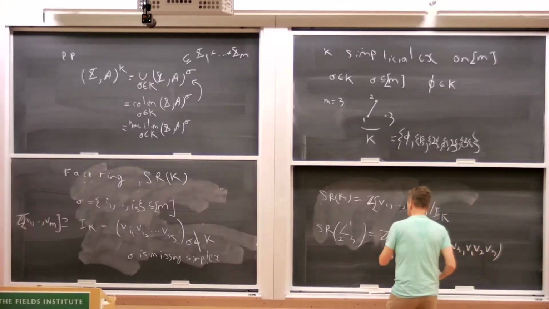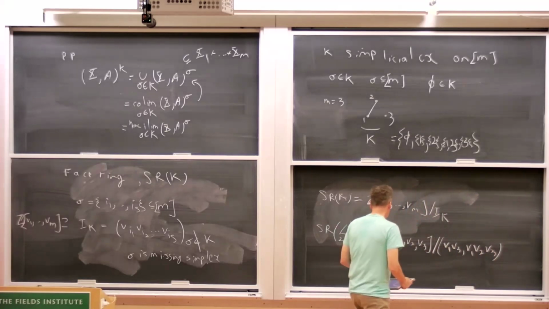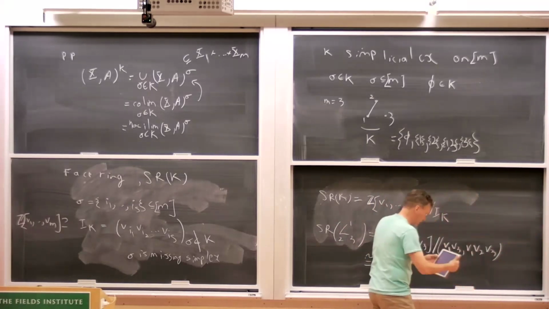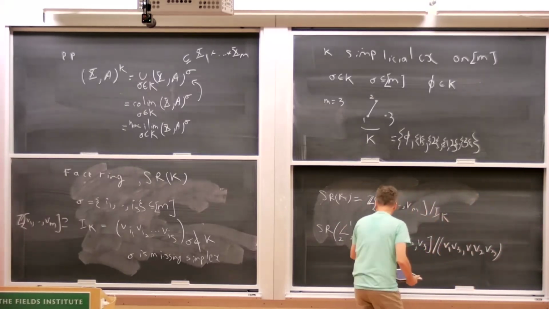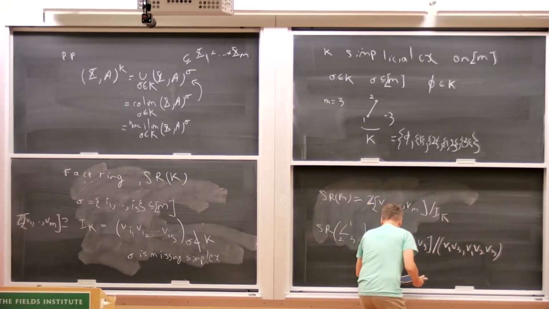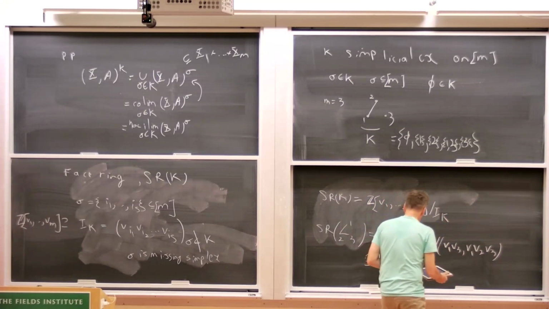Now, it turns out that this is isomorphic to the limit over sigma an element of K of the things corresponding to a simplex, Z[Vi] where i is an element of sigma. This is something you can check by induction and basically by that diagram there, which I won't prove.